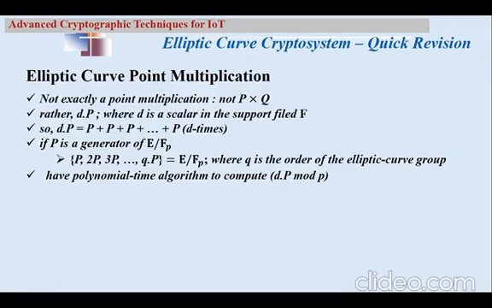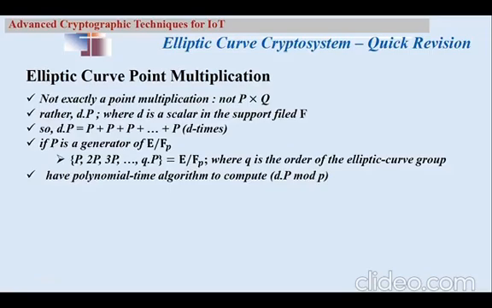That means exponentiation is not an easy algorithm, not polynomial time. However, for modular exponentiation, we have a polynomial time algorithm, and thus it is an easy task. Similarly, for point multiplication on an elliptic curve defined over real numbers or rational numbers, we don't have any polynomial time algorithm. But if the elliptic curve is defined over Zp, then we have a polynomial time algorithm to do this.